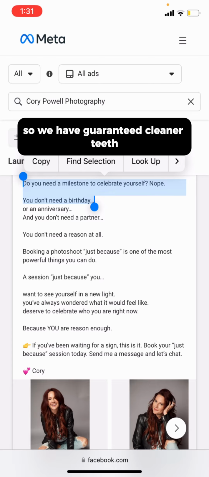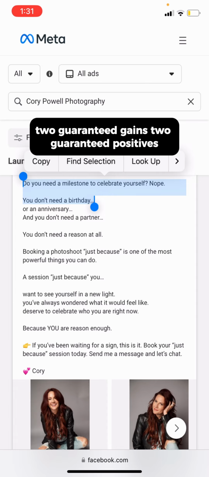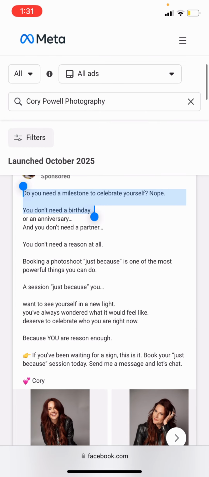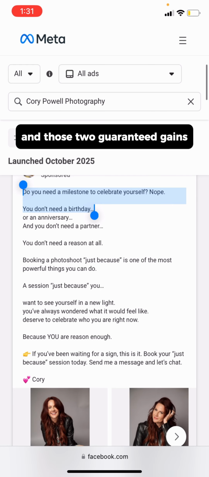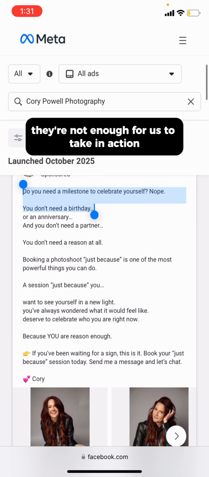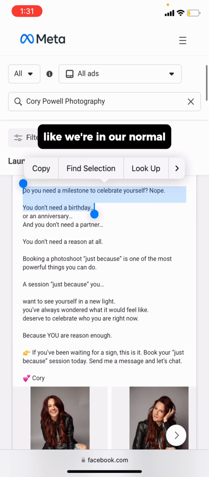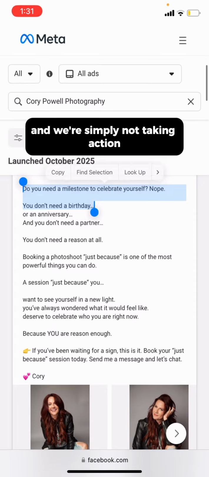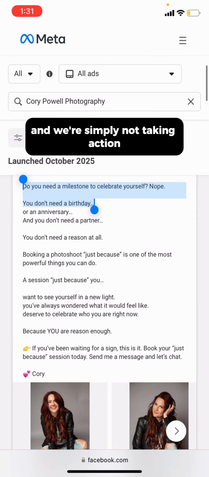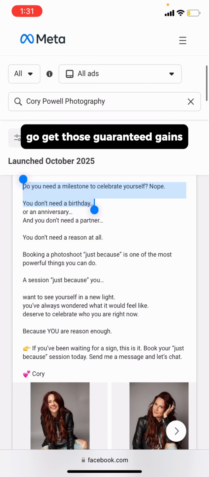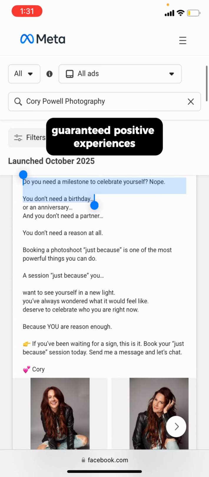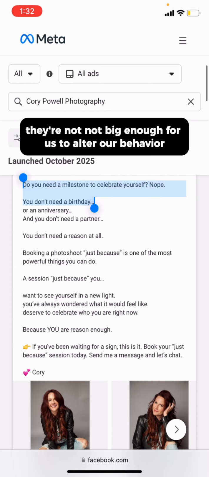So we got 2 guaranteed gains, 2 guaranteed positives. And those are not enough for us to take an action. Like we're in our normal, no pain, neutral homeostasis state, and we're simply not taking action to go get those guaranteed positive experiences. They're not big enough for us to alter our behavior.